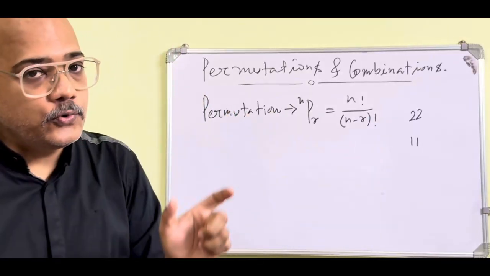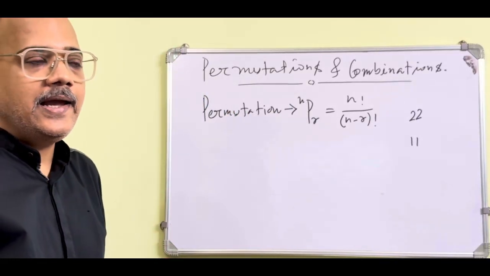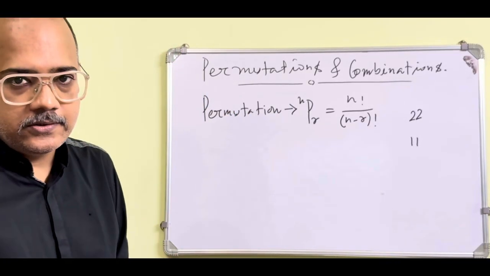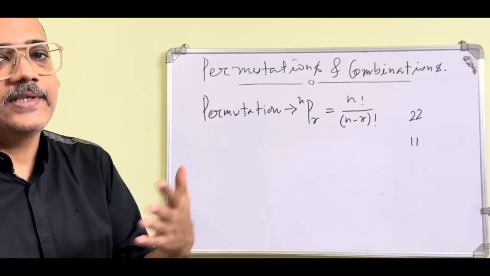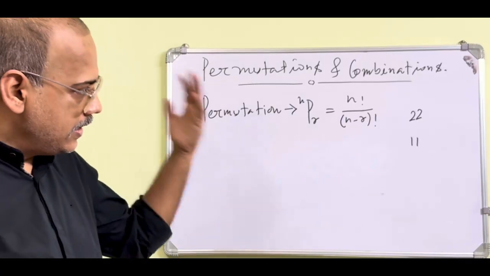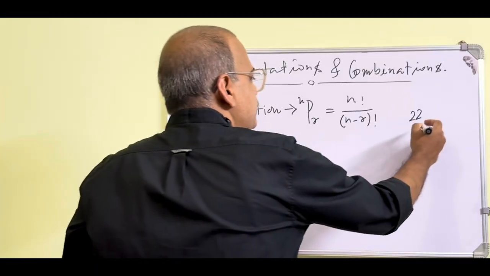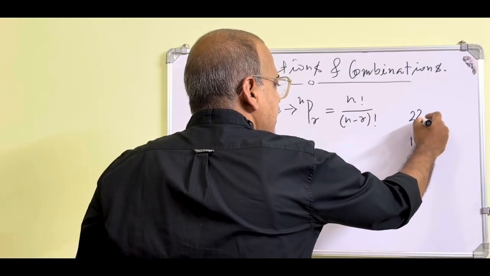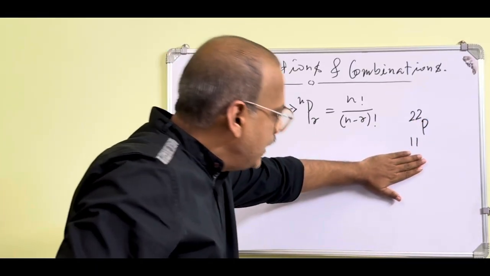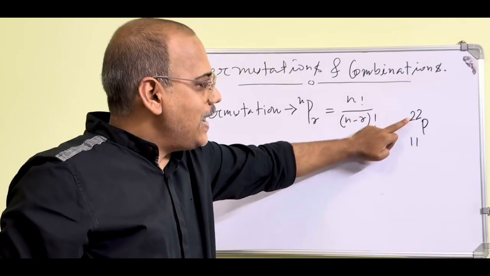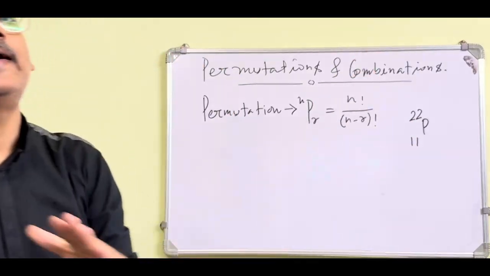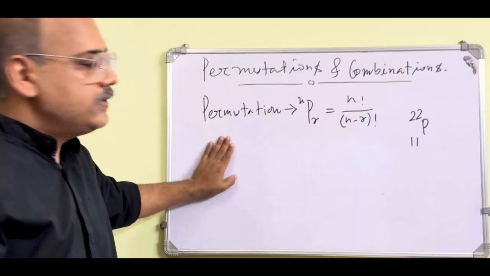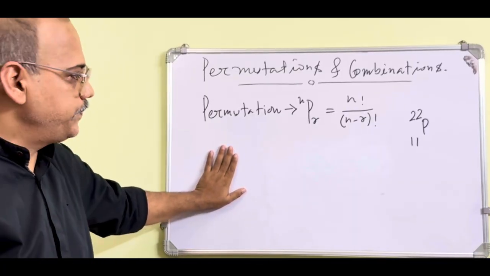But if I need to choose and then arrange them in a batting order, it has to be treated as a permutation problem. Basically, I'll be choosing 11 players from a squad of 22 and then arranging them in a batting order. So in permutation, the order matters.